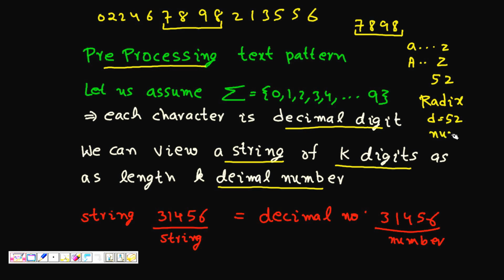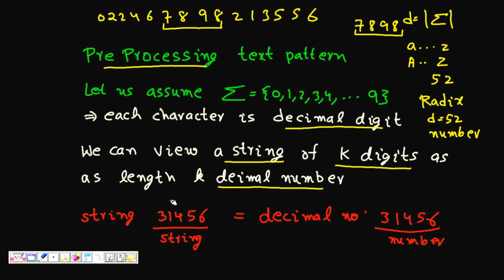It's not a difficult thing, the change is just that if the size of your alphabet is d, then you have to take a radix d number system. But for understanding purposes, we will take radix 10, a decimal number system.